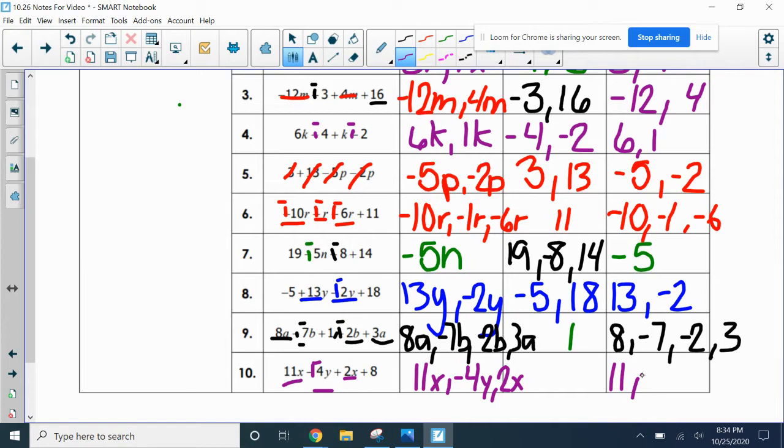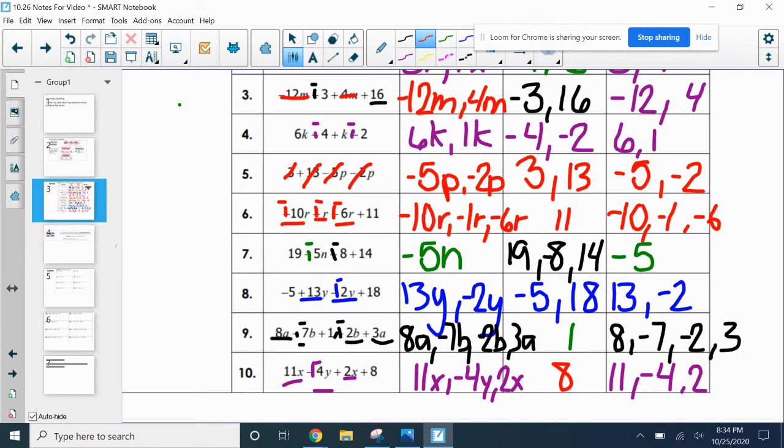So our 11, our negative 4, and our 2, and then our constant is anything I have left that does not have a variable. So all we are left with is an 8. I know you guys rocked it. If you didn't, I hope you see where you went wrong. If you do not see where you went wrong, circle it, star it, bring it to our guided practice. We'll go through it together.